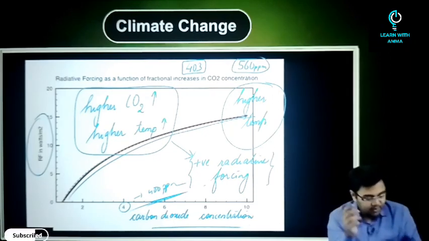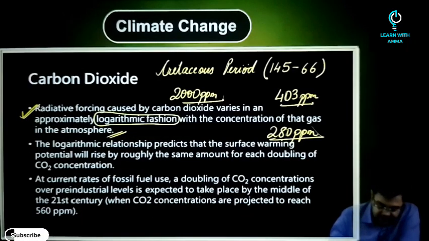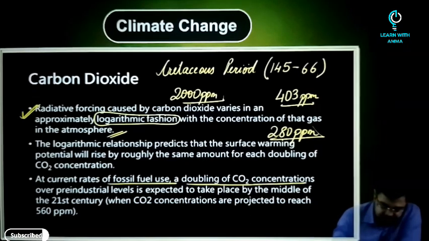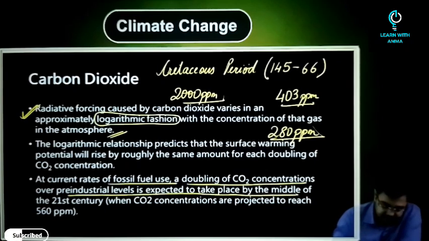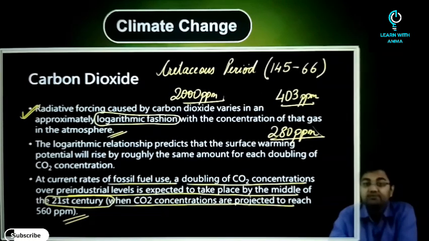Right? So, coming back to the discussion of carbon dioxide. At the current rate of fossil fuel use, a doubling of carbon dioxide concentrations over pre-industrial levels is expected to take place by the middle of the 21st century itself, when the concentration of carbon dioxide is projected to reach 560 parts per million.